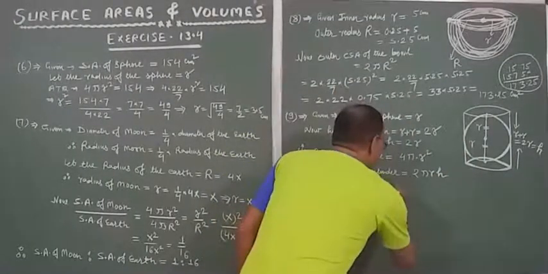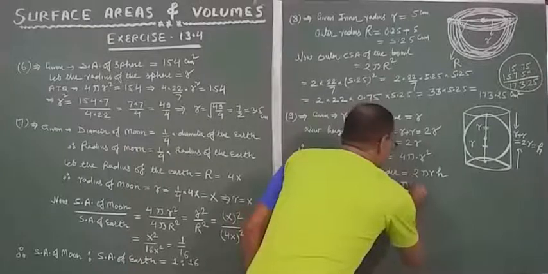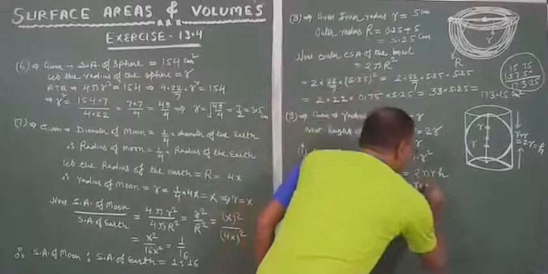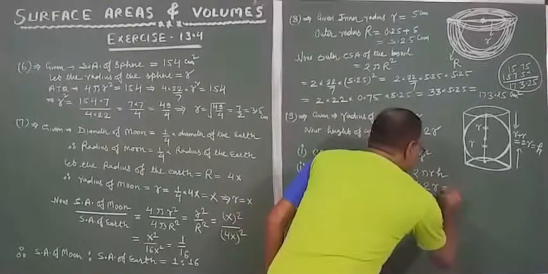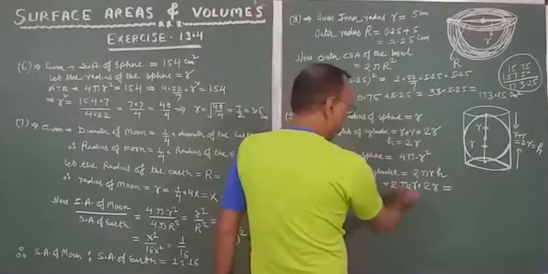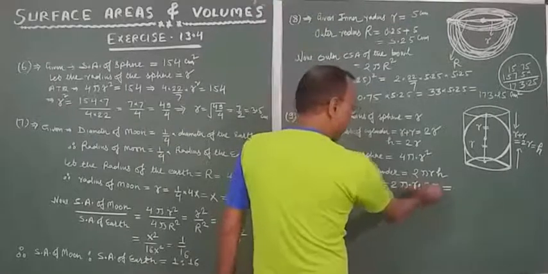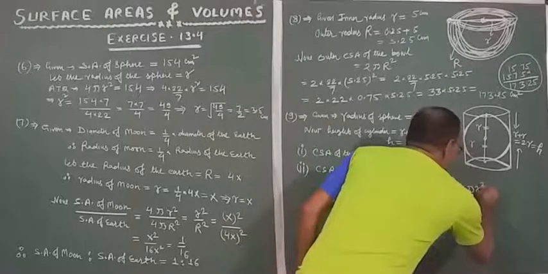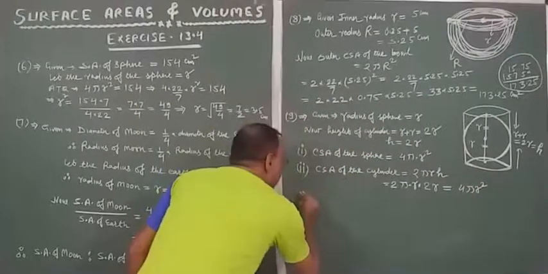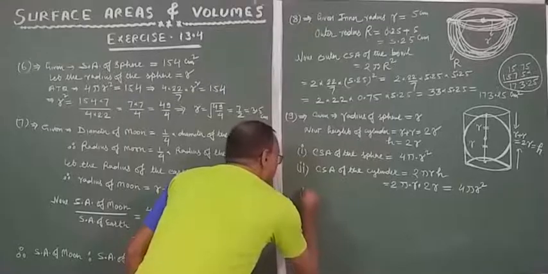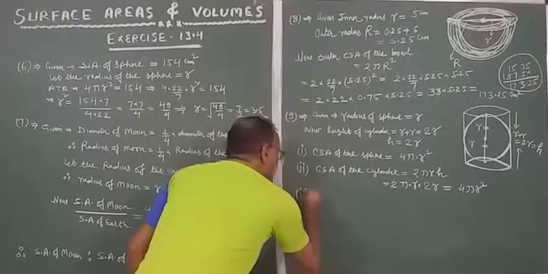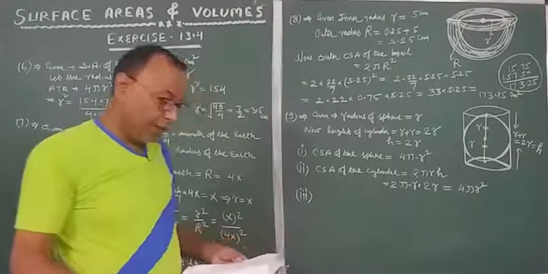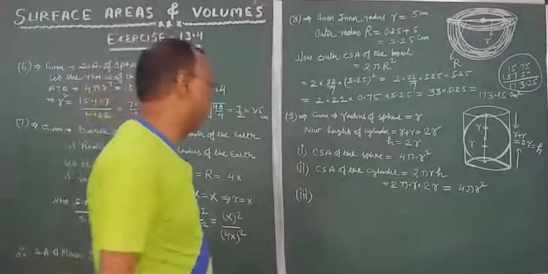Now just put the values: 2 pi into r into h, which is 2r here. Multiplying them, we get 4 pi r square. And this is the third part: the ratio of the areas obtained in the first and second.